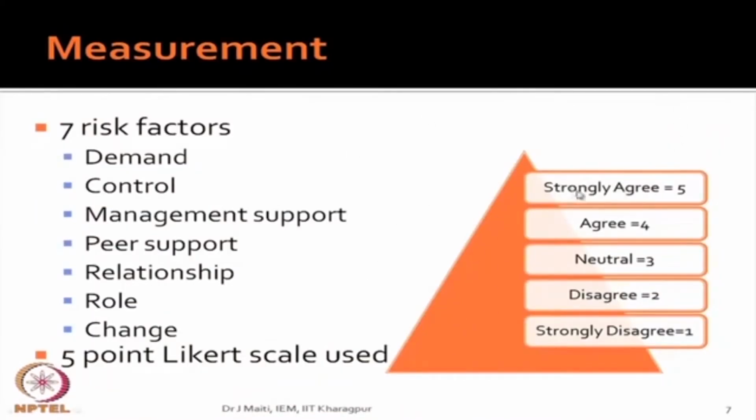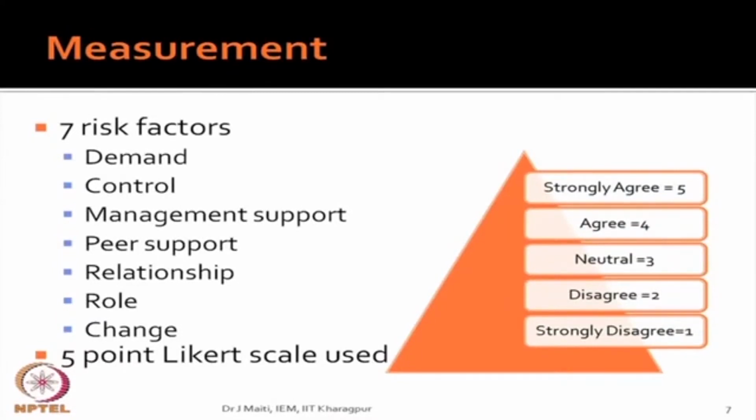In the Likert scale, when an employee is asked a question related to demand, control or any other factor, then for every question he or she is given a scale of 1 to 5: strongly disagree, disagree, neutral, agree, strongly agree. So, it is basically ordinal data.